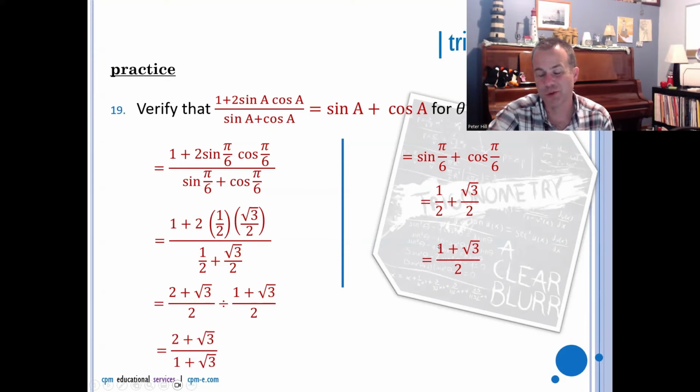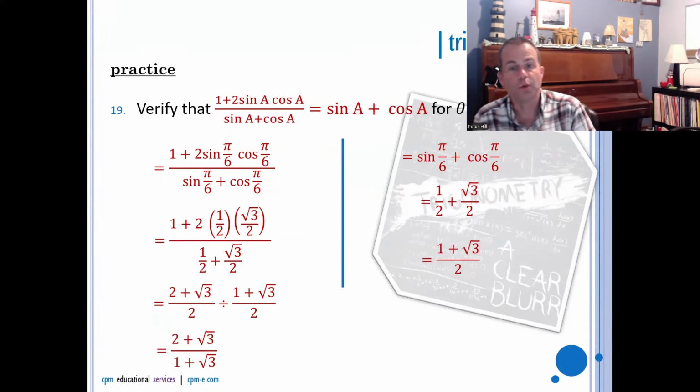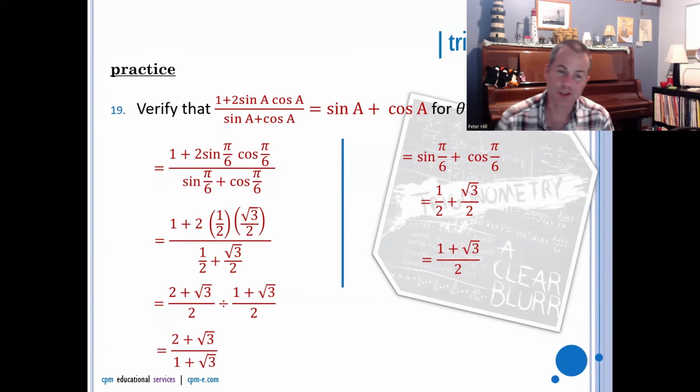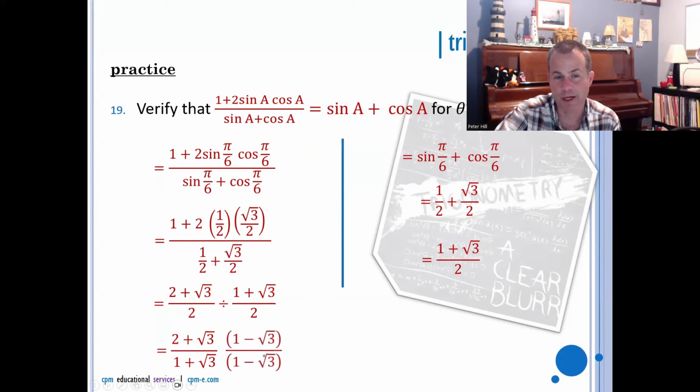Now, these guys don't quite look the same yet. This often happens where things look not quite as we want them to. And so one strategy that we often try when we're doing that is we're going to take one of them and multiply by the conjugate. So I'm going to take this guy and multiply it by 1 minus root 3 and just see if that's helpful.